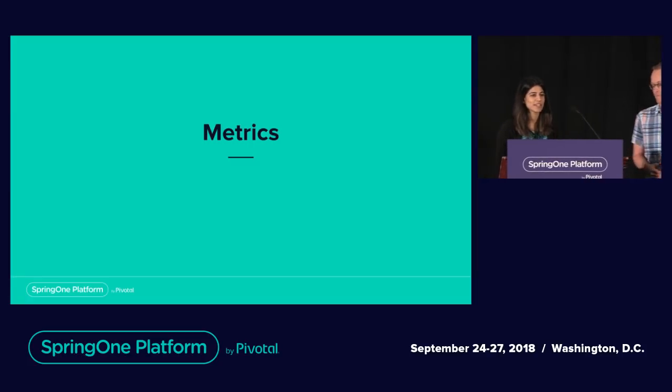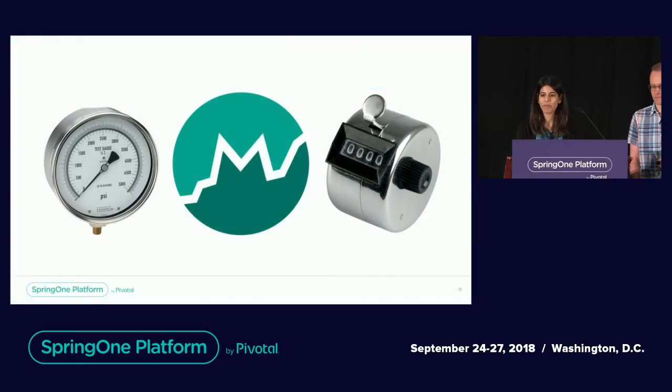Right, and the last thing that we wanted to talk about, what's new in the actuator in Spring Boot 2.0, is metrics. I'm not going to spend a lot of time talking about metrics because I am not knowledgeable enough to do so. But I just wanted to mention that in Spring Boot 2.0, we've added support for a metrics instrumentation library called Micrometer.